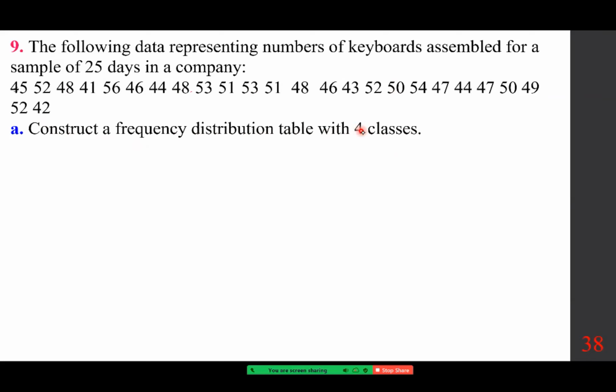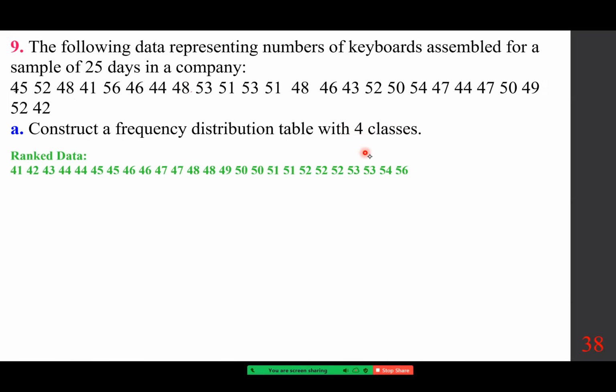So number one, let's rank the data. Number two, we have 4 classes, so we divide the range by the number of classes. It's important to know we are not dividing by 4; we are dividing by the number of classes, which happens to be 4.